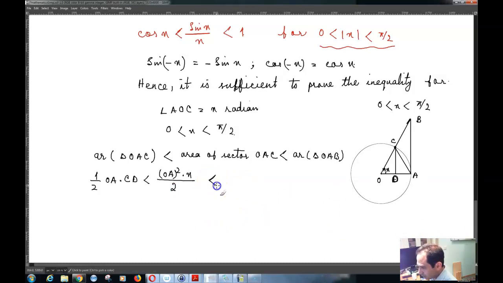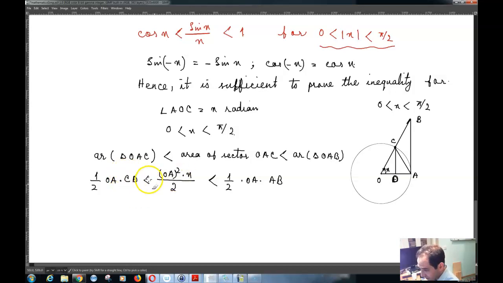And then the area of this triangle OAB is 1/2 of the base times the height. So that is 1/2 of the base, which is OA, times the height, which is AB. Now I can simplify, but of course you need to be careful here.